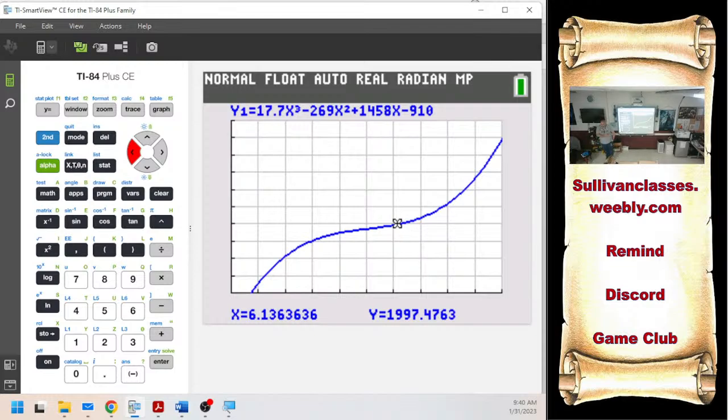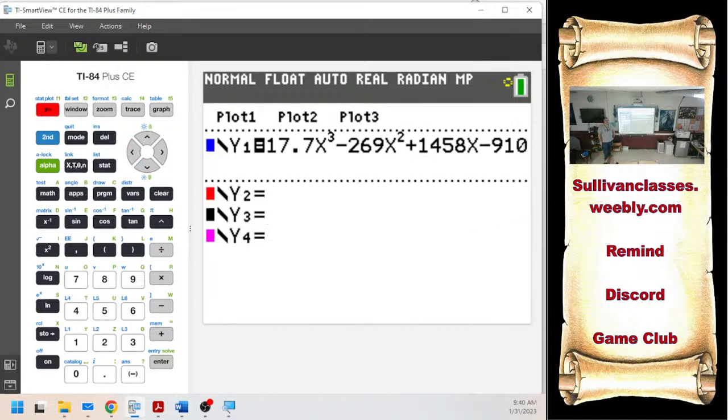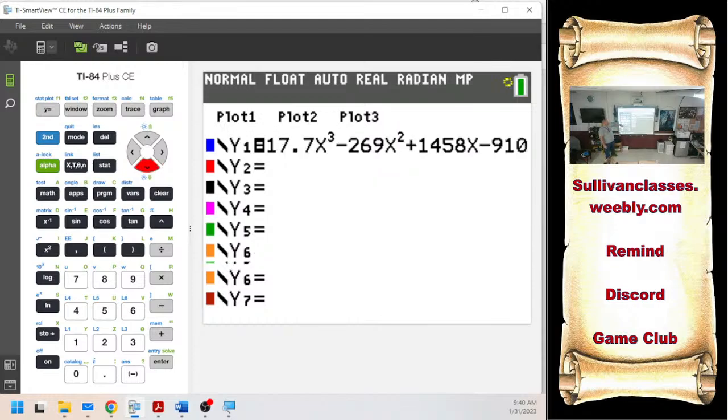I would choose this one because it's closer. Okay, now this is how you ballpark. How do I get the exact value? Don't I want to know when the y is 2,000? Y'all remember this from Algebra 2? We did it a few times.